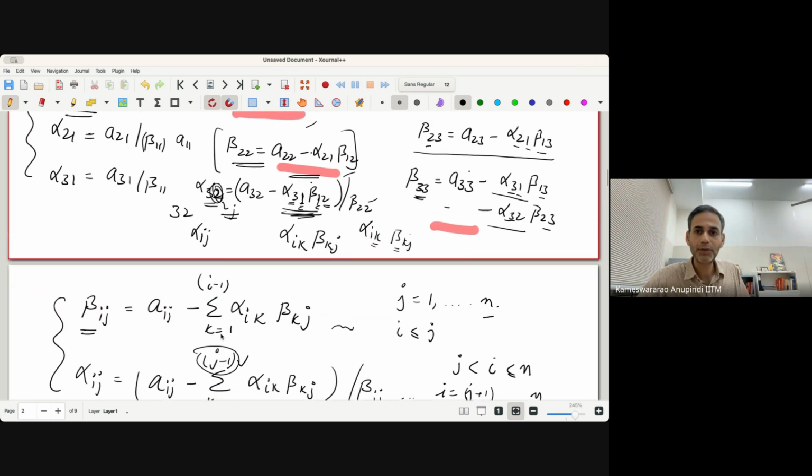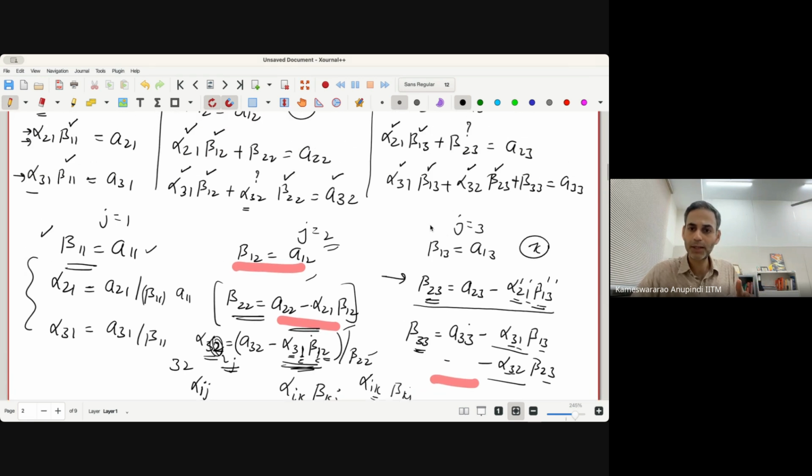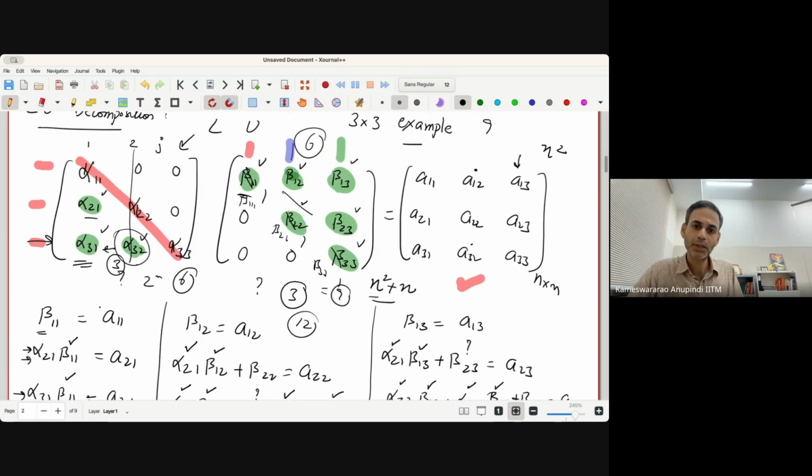Okay. Similarly, if you look at betas, let's take beta 2 3. We have alpha 2 1 beta 1 3. Essentially this is ij, this is ik kj, but then on what index should this k run, right? We said it is running up to I minus 1. Intuitively, if you go back to the algorithm, beta 2 3 is this value.